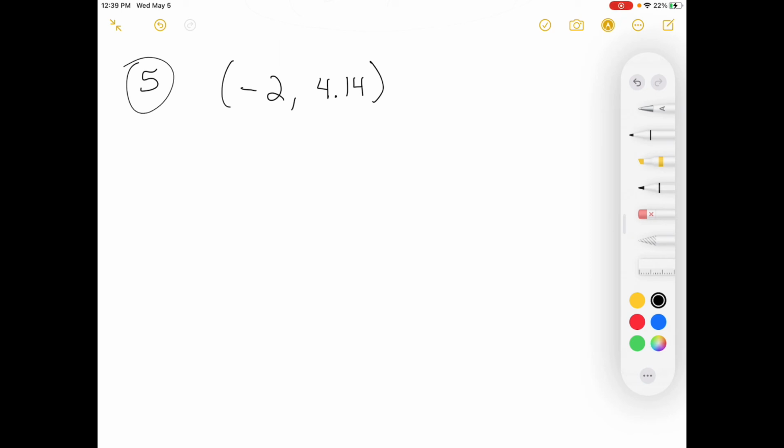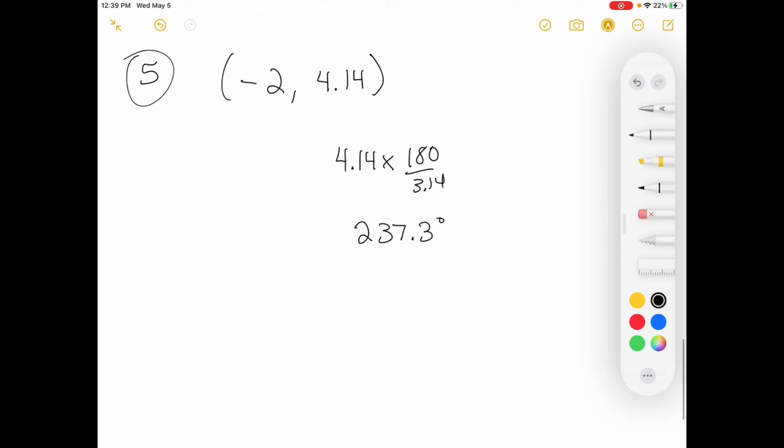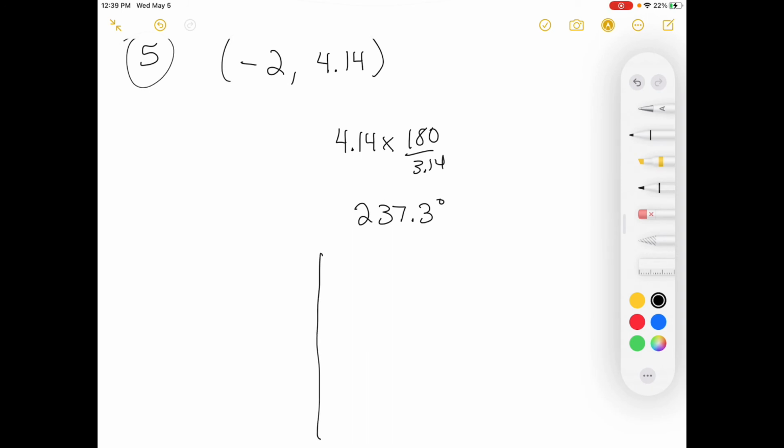If you want to figure out the exact degree, we'll just say 4.14 times 180 over 3.14. Do that in a calculator. That's 237.3 degrees.